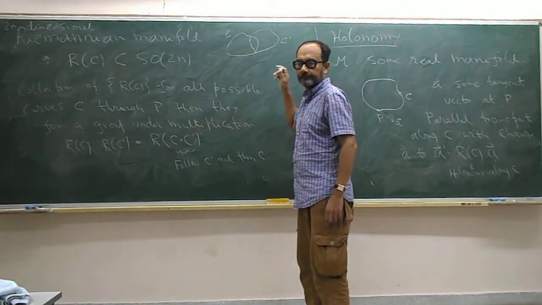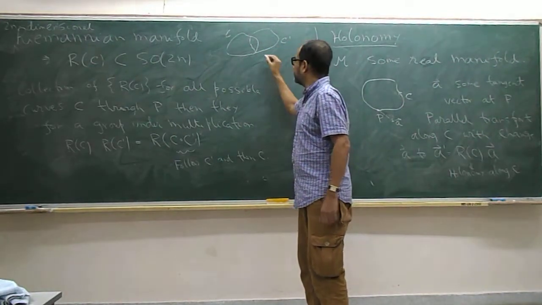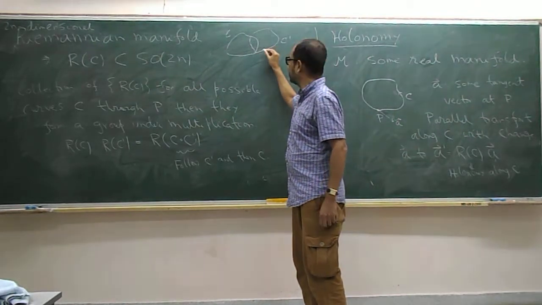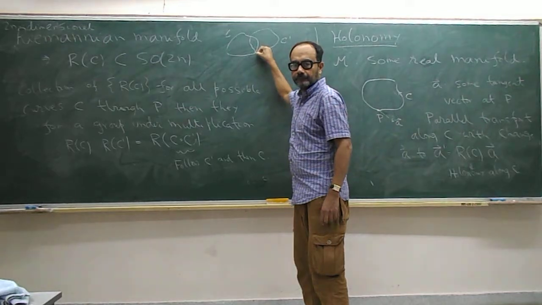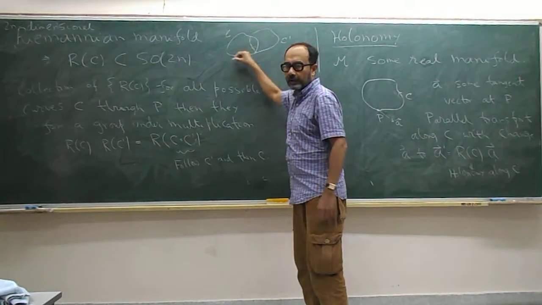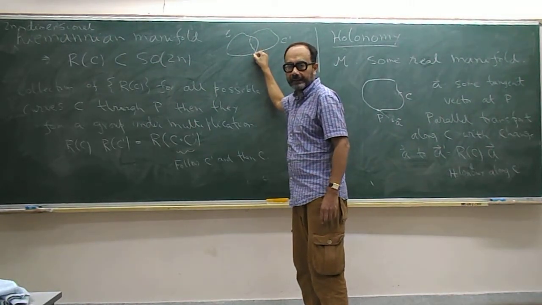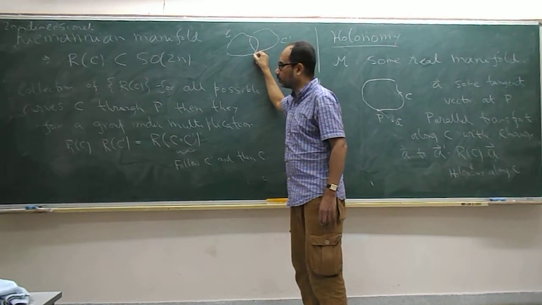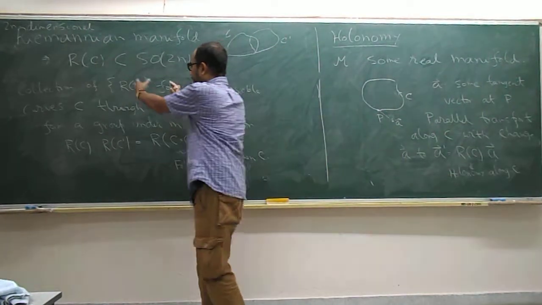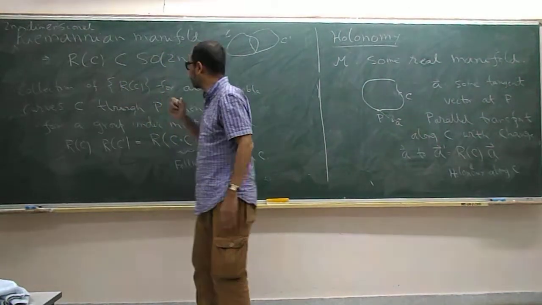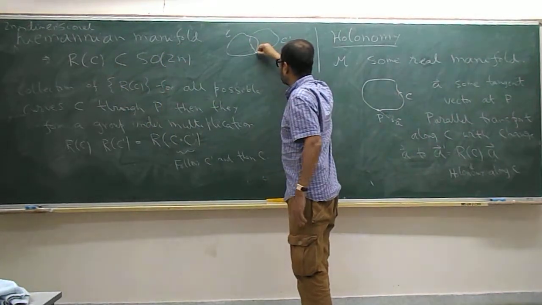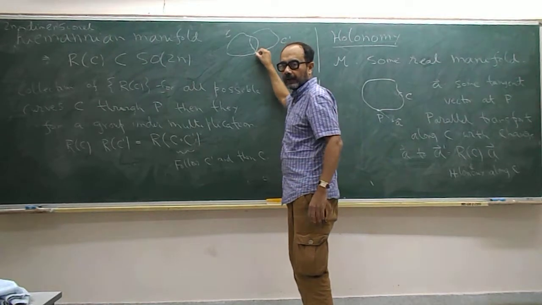So then, if you want to see what the tangent vector does, take a tangent vector, first transport it around C prime, then transport it around C. This is a perfectly good path through P. Because the holonomic group involves the collection of all possible paths, the collection of all RC for all paths. So going around C prime and then going around C is also a path.